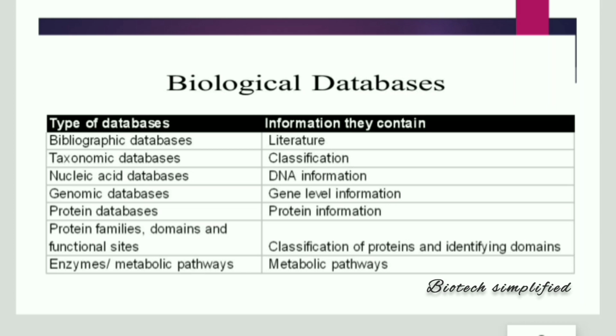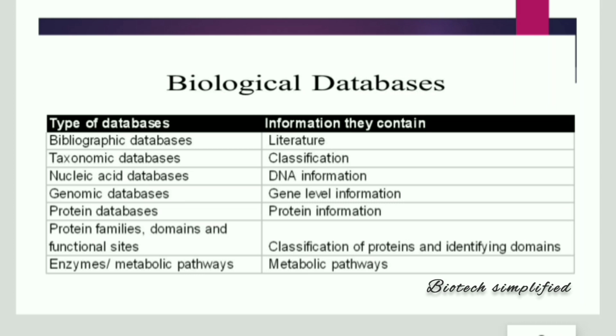The next type of database is protein family, domains and functional sites. That is, it contains information regarding the classification of proteins as well as the identification of domains. The next and the last type of database is enzyme or metabolic pathways. So it contains the information about metabolic pathways.